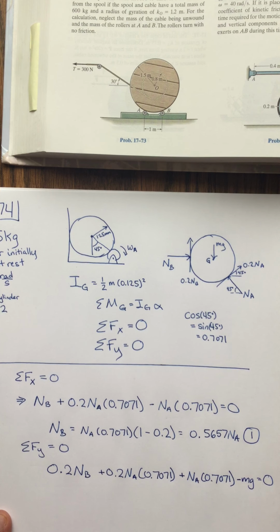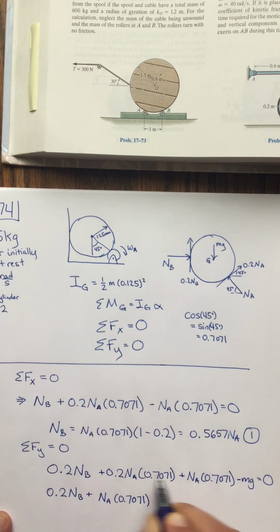Now, let's simplify this a little bit. We can combine these, and that's NA times 0.7071.